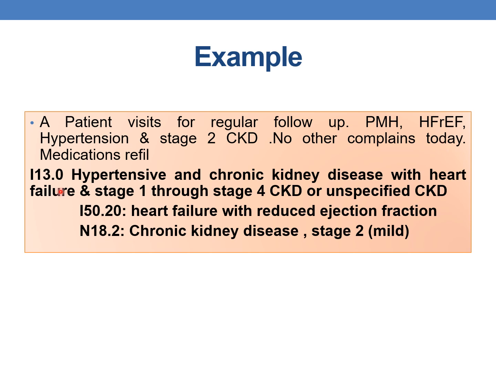So the appropriate code is I13.0, hypertensive heart and chronic kidney disease with heart failure. Here the CKD stage is 2, so stage 1 through 4 or unspecified CKD. Followed by I50.20 to indicate heart failure with reduced ejection fraction, HFrEF. And finally N18.2 to indicate stage 2 of CKD.